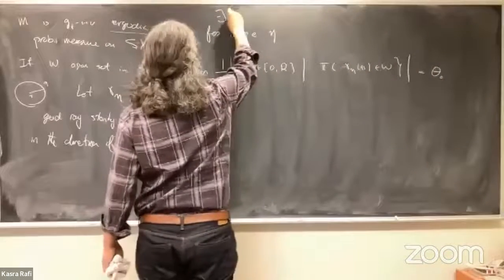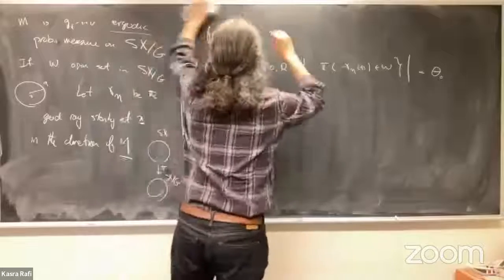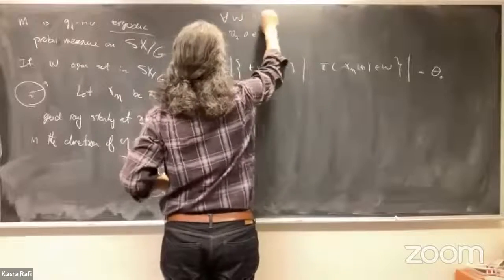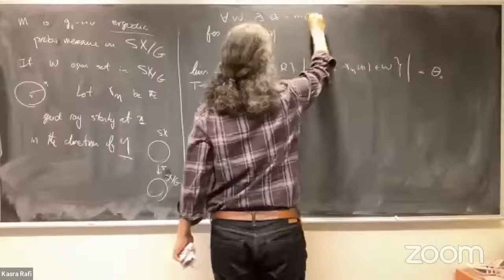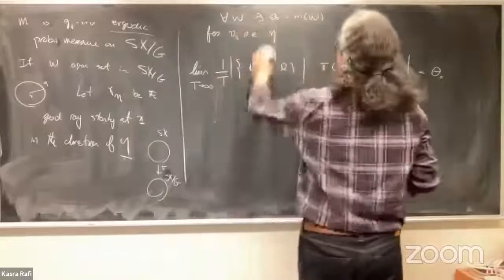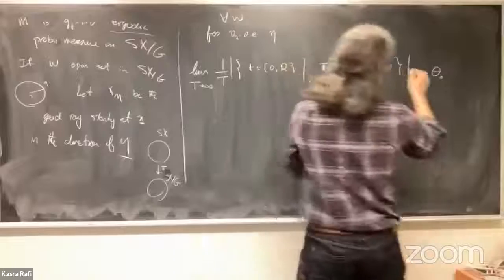So for every W, there exists a theta 0, which actually is equal to this measure of W.